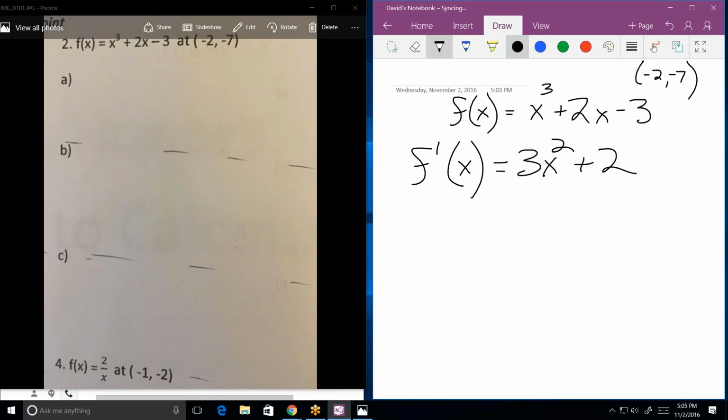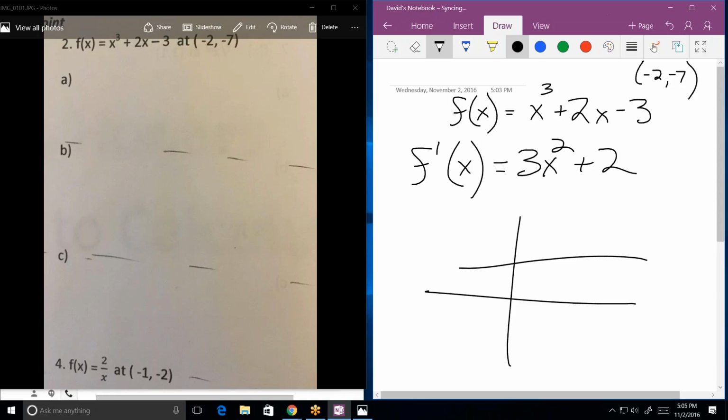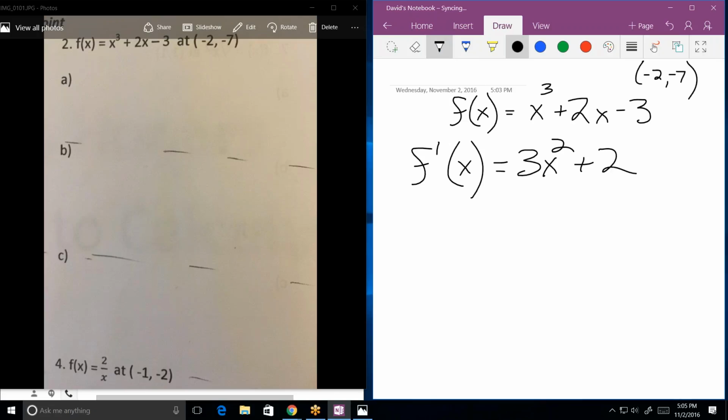The reason is that if I have y equal 3, or -3, it's a horizontal line. The slope of that horizontal line is 0. The derivative of all numbers is 0, no matter how big or small the number is. But the most important thing to remember is the derivative means slope at that point.